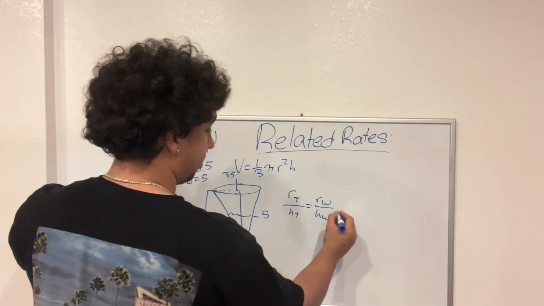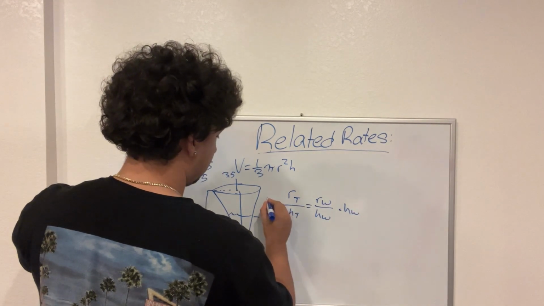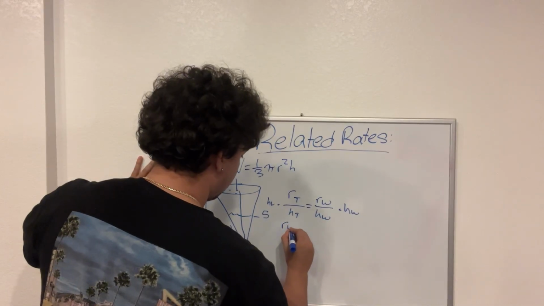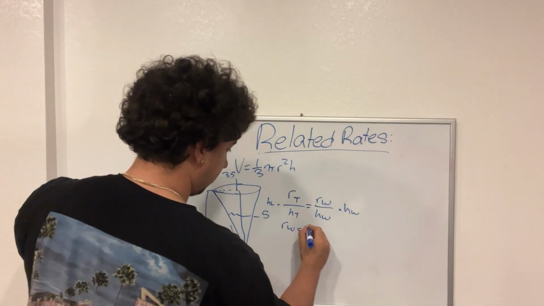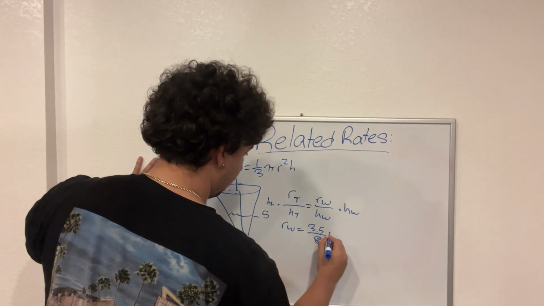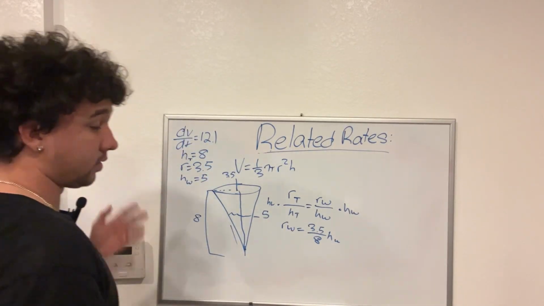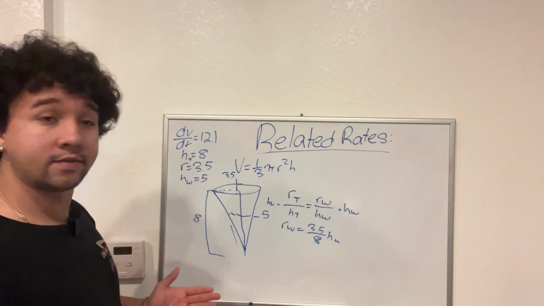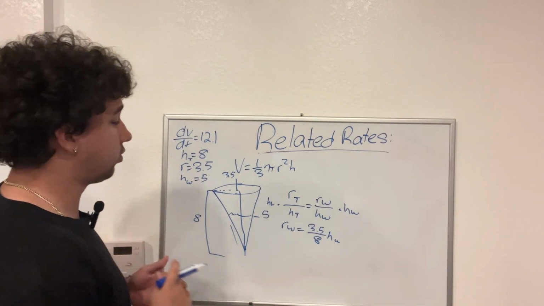I'm going to multiply both sides times the height of the water, and I get the radius of the water is equal to 3.5 over 8 times the height of the water. Now, when I plug it back into this equation, everything's going to be in terms of height. And since I'm already given the height of the water, I'm good. I don't have to worry about it anymore.